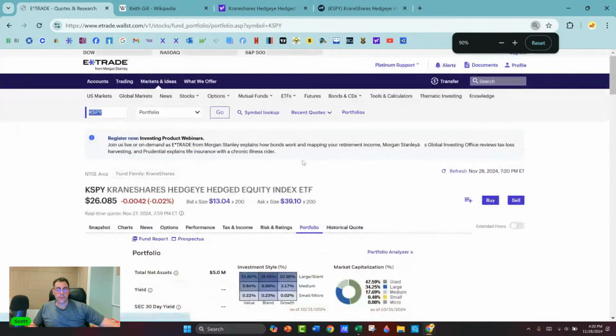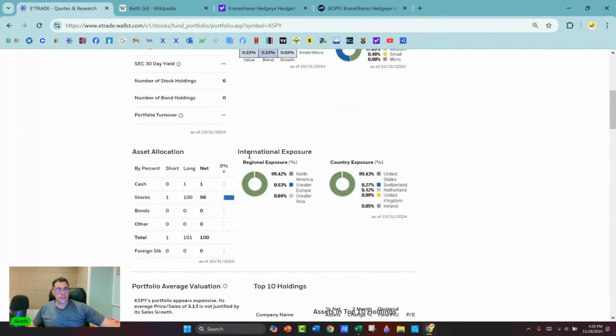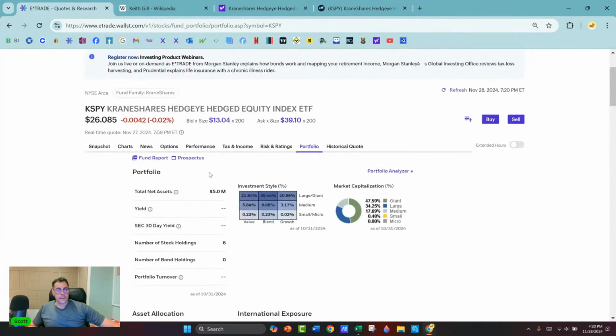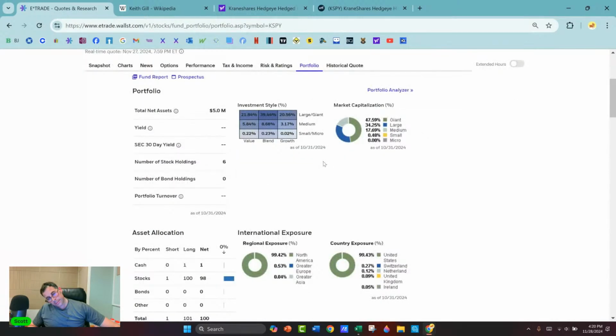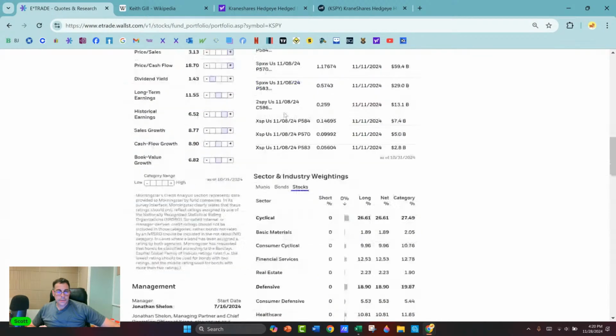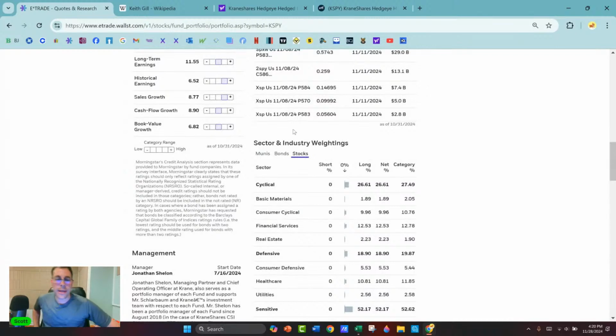Okay, so go to portfolio. Okay, so it owns. Okay, so it does. These are the options. That's fine. I mean, if you think the S&P 500 is too risky, I don't think it's too risky.